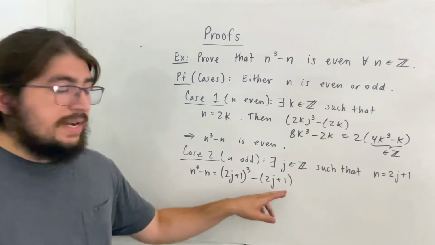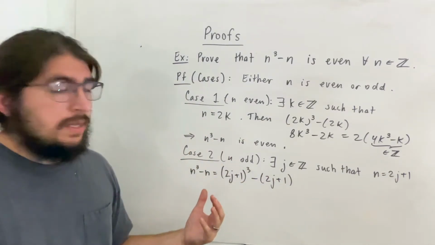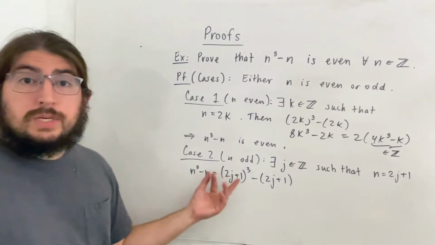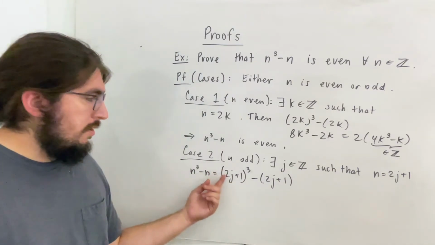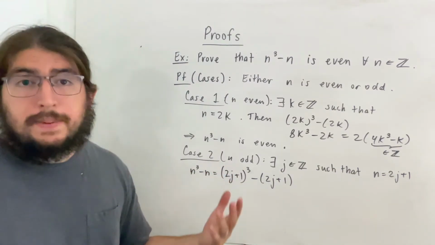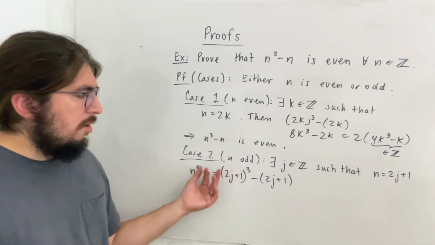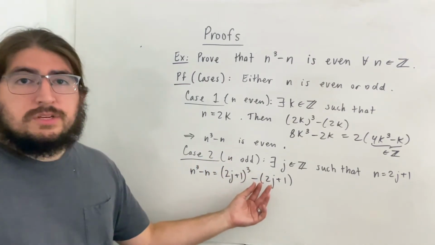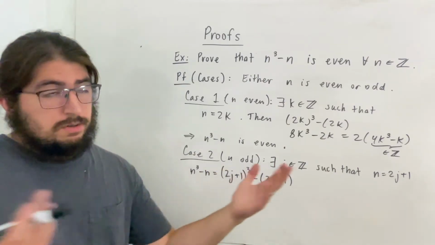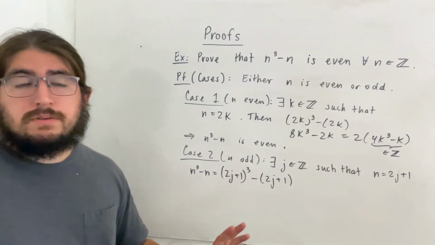If you distribute this negative, you get a negative 1. Those 1s cancel. Now, all of these other terms, when expanding this out, will be even because they're going to be multiplied by 2j to a power by binomial theorem. So we're going to have all even terms minus an even term. So those terms will all be even after the 1s cancel out.